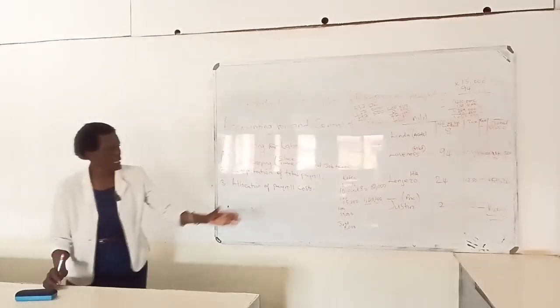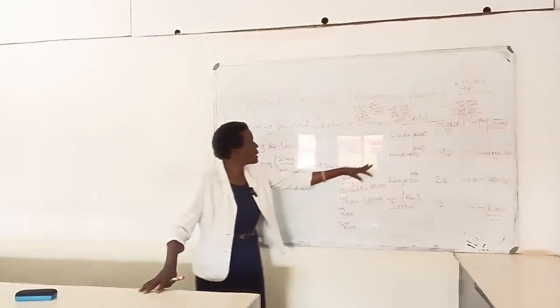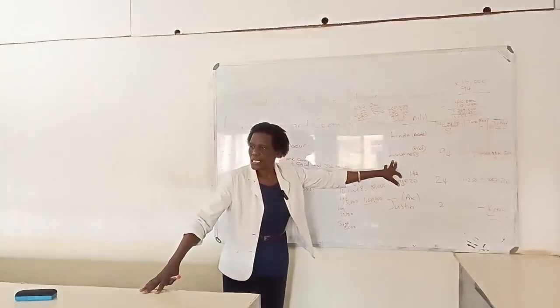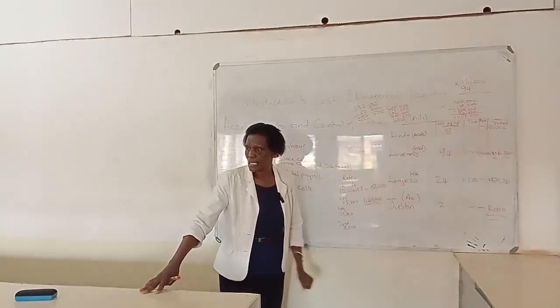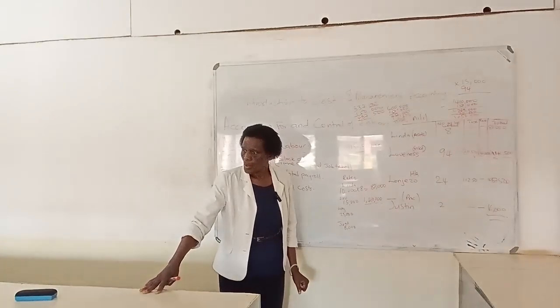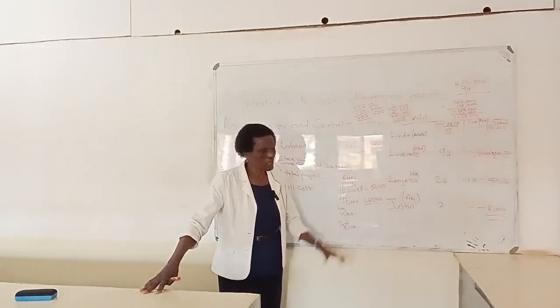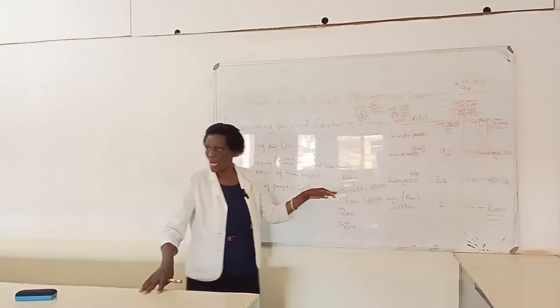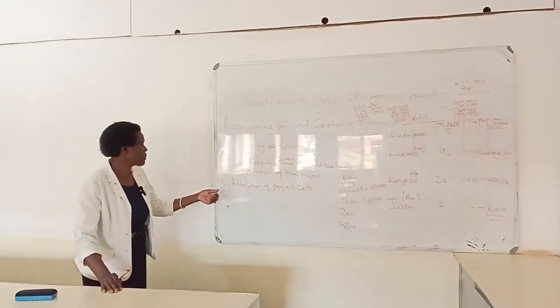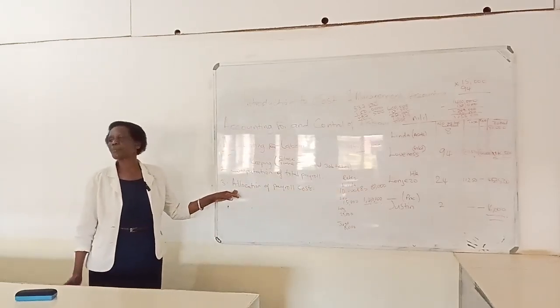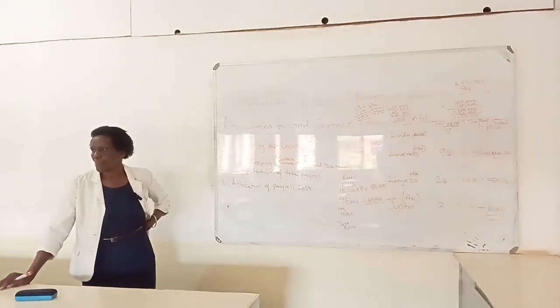So this is what they want to tell us, that when we are computing the payroll or salaries for people or enrollment amounts, you are supposed to allocate to which department that particular payment is coming from. We don't just pay.